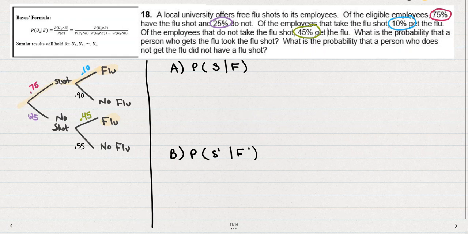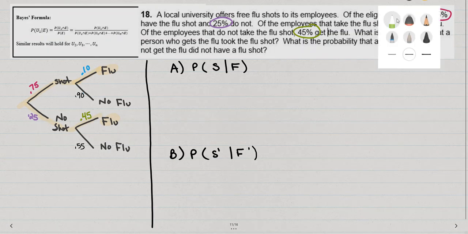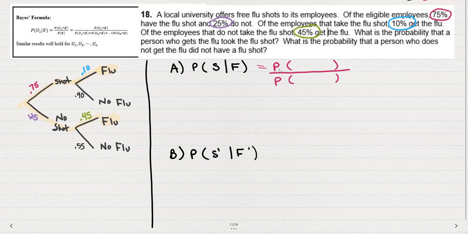So we're looking for this 0.75 times 0.10, but in the denominator, we have everyone who got the flu, whether they had the shot or not. So it's the probability of those who got the shot and got the flu out of all of those who got the flu.